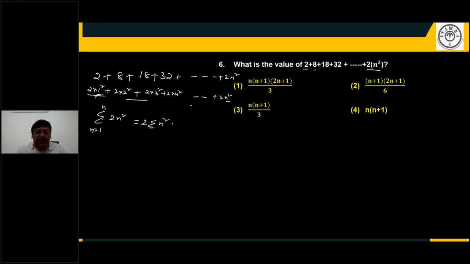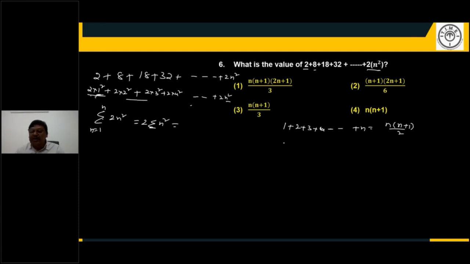Right, 2 into sigma n square. Sigma n square means the sum of first n squares. First, the sum of the first n numbers, 1, 2, 3, 4 up to n: I'm sure you learned the formula in school. I'll just remind you once again: it is n into n plus 1 by 2.